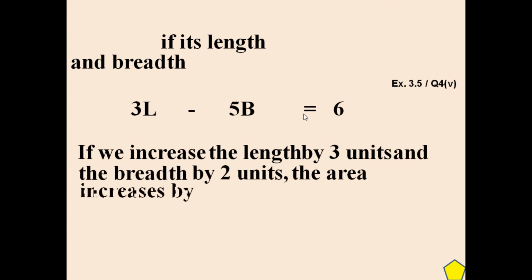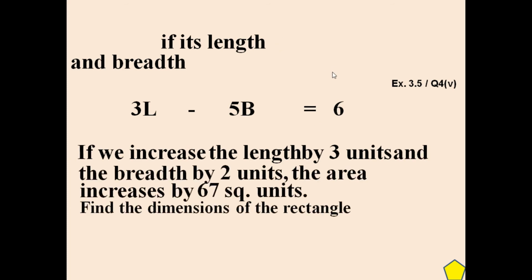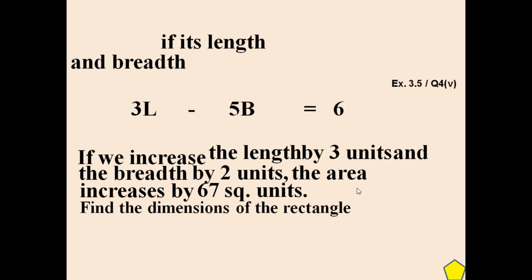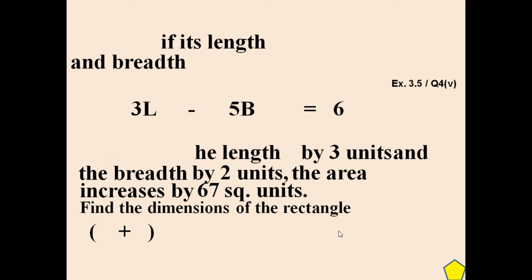For the second equation now, we are going to interpret exactly in the same manner as we interpreted the first equation. So now, if we increase the length by 3, that means the length becomes L plus 3, and the breadth by 2.